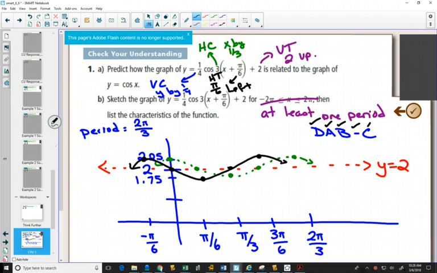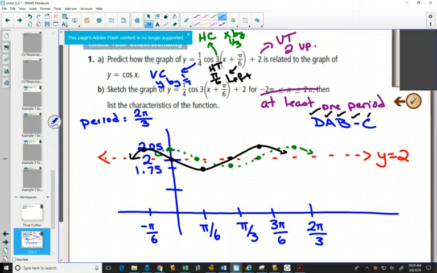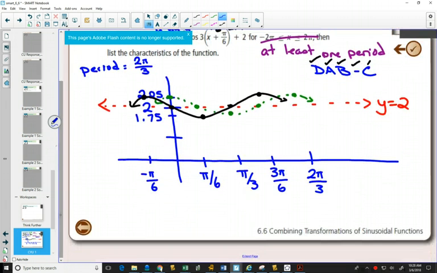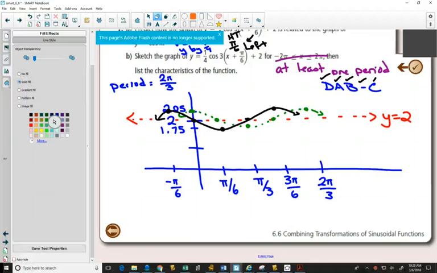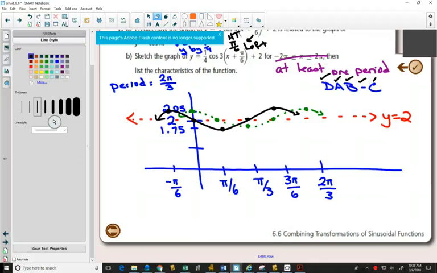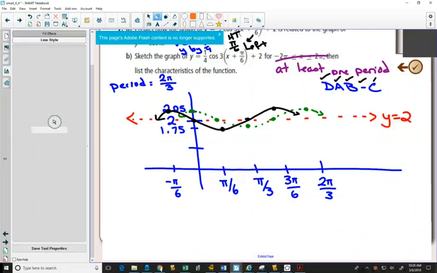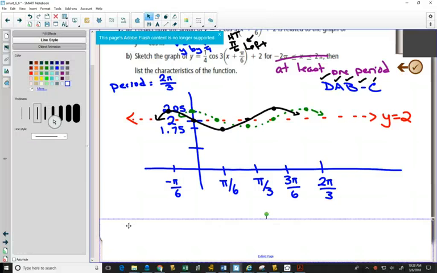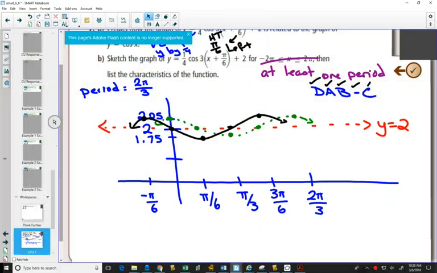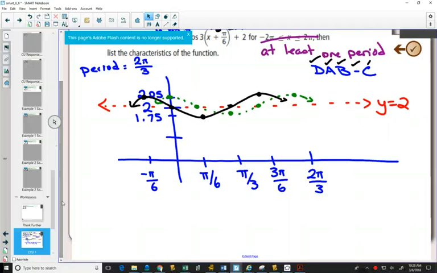Now, the textbook question says, can you graph it from negative 2 pi to 2 pi? So if I was asked to graph something from negative 2 pi to 2 pi, I would still start by graphing what we did here.